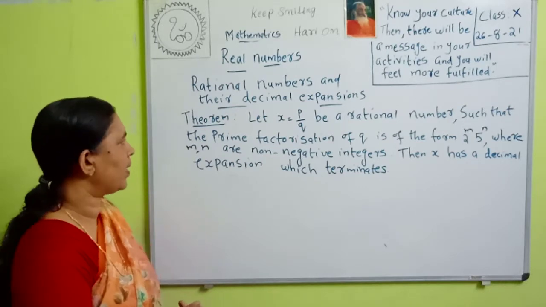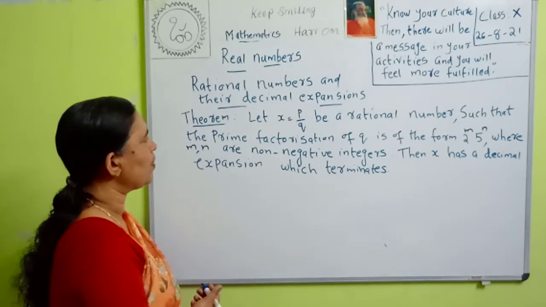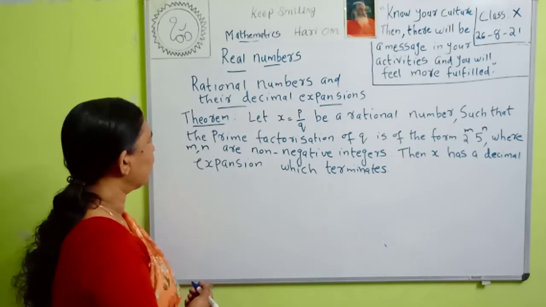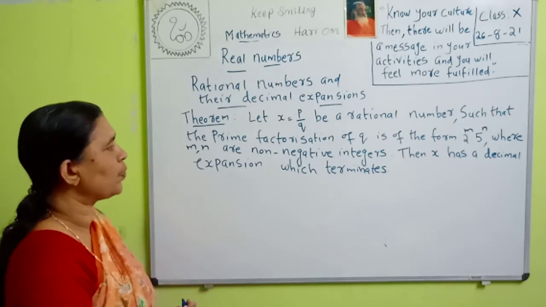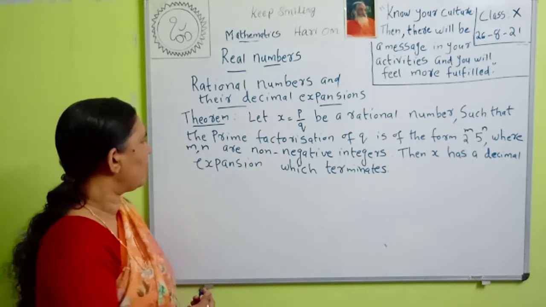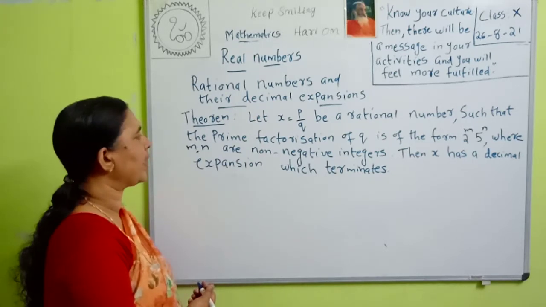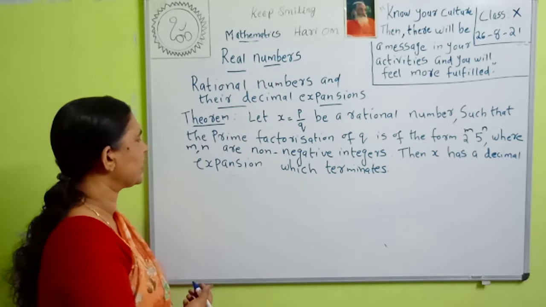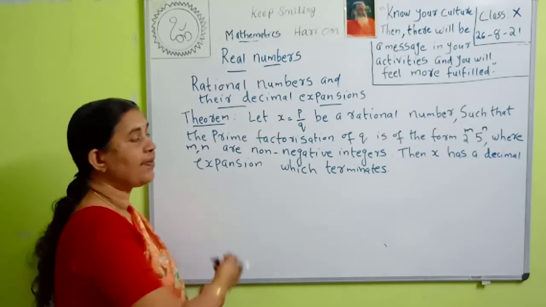There is a theorem. Let x is equal to p by q be a rational number such that the prime factorization of q is of the form 2 raised to m 5 raised to n, where m and n are non-negative integers. Then x has a decimal expansion which terminates.